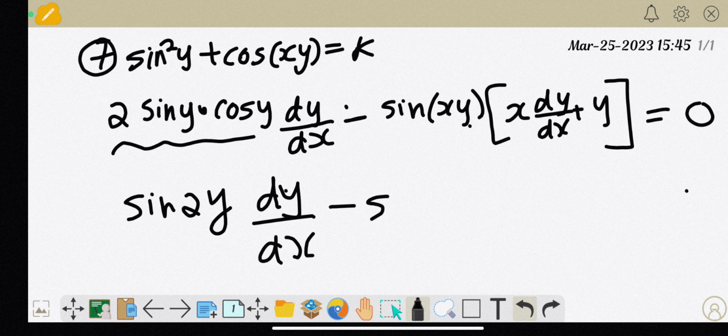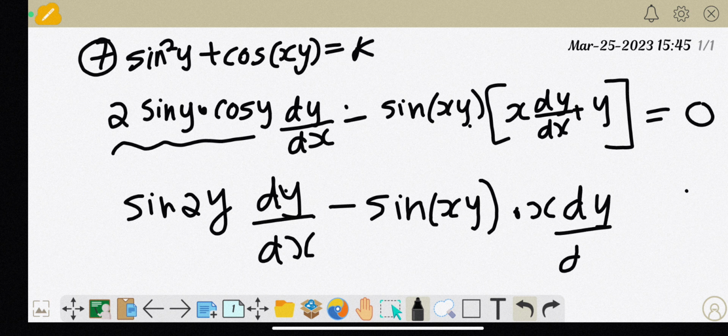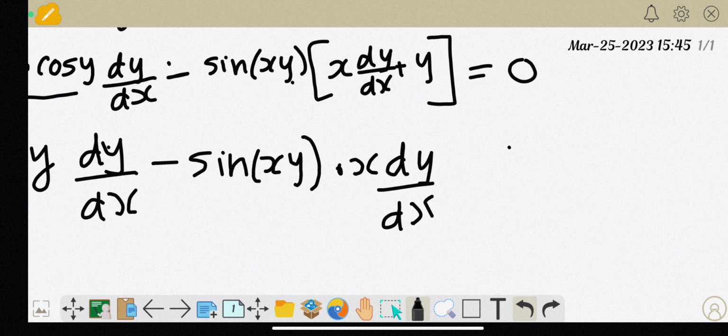Wherever you can simplify, you try to apply the identity which you know. Into x dy by dx minus xy equal to 0.